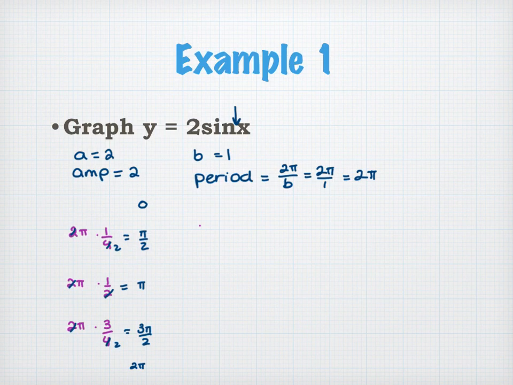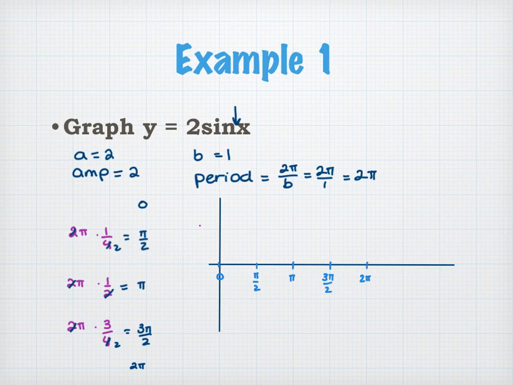Now we're going to draw our curve. So my first key point is at 0. The next one is at pi over 2. Then pi. Then 3 pi over 2. Then 2 pi. And our amplitude, remember, is 2.